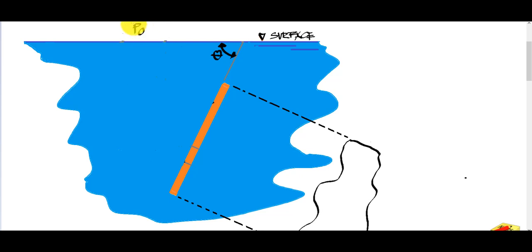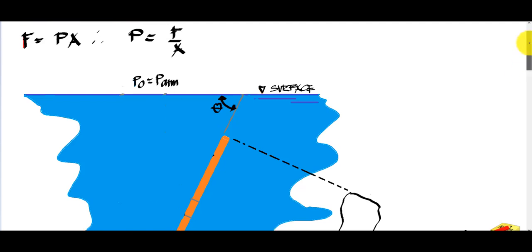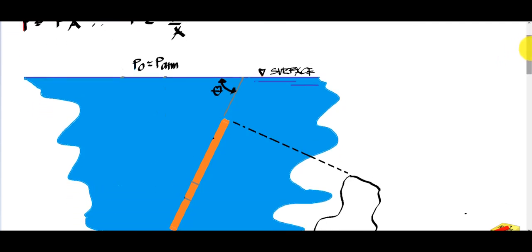This will be the pressure above the liquid, which is equal to your atmospheric pressure, P atmosphere, if the liquid is open to the atmosphere. Here we are assuming that the figure is open to the atmosphere.